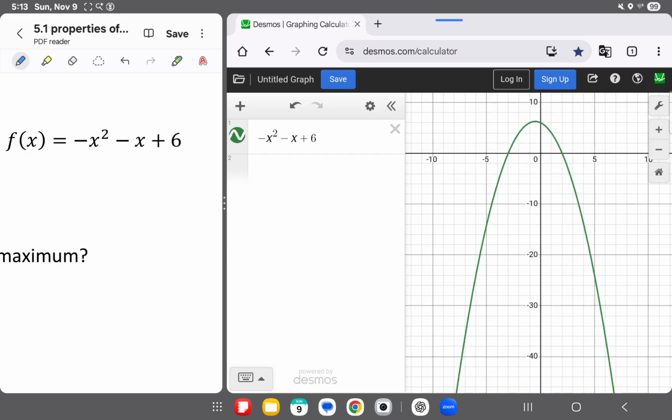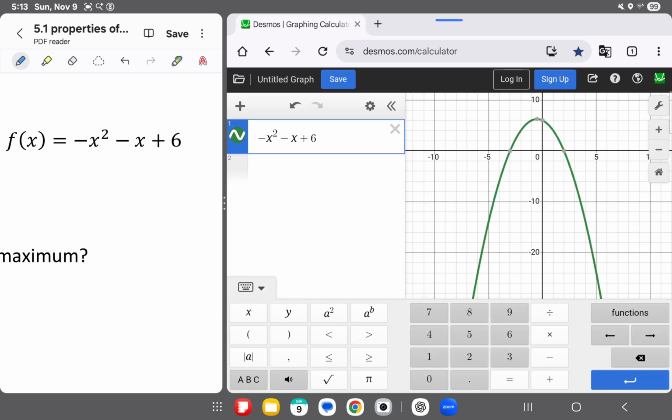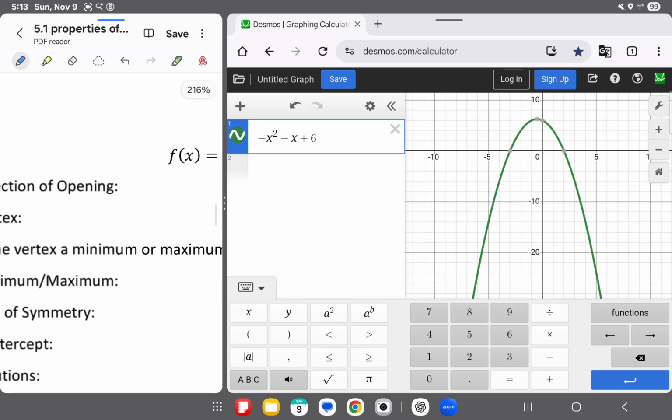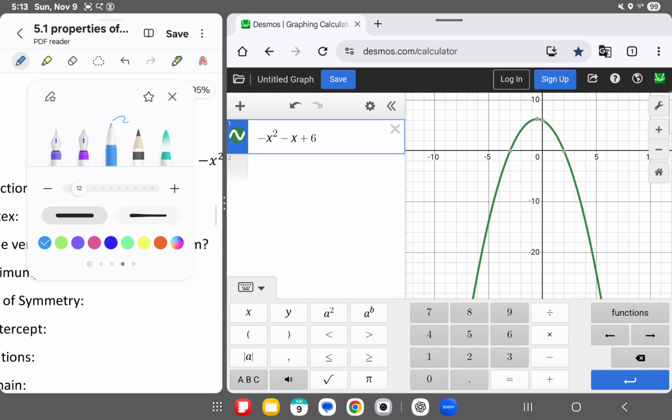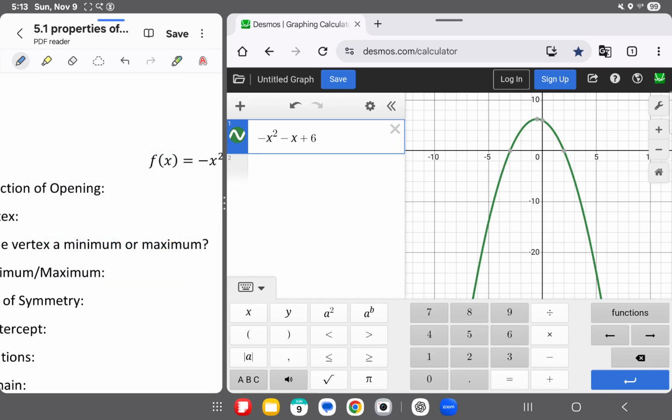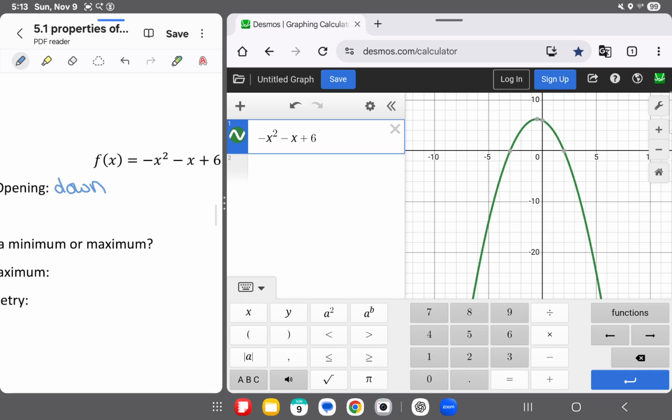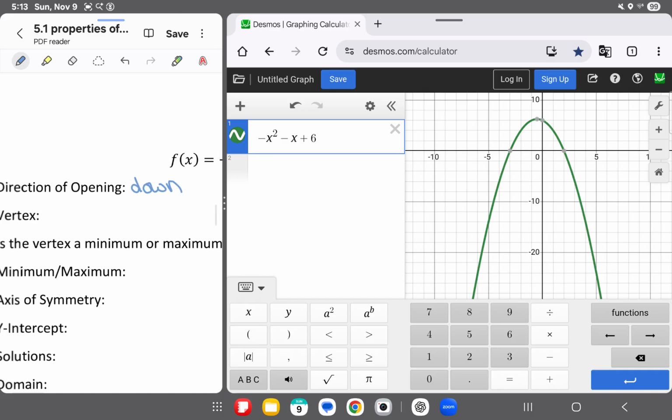And as you can tell, this function actually opens down, and that is because of the negative in the very front of the function.